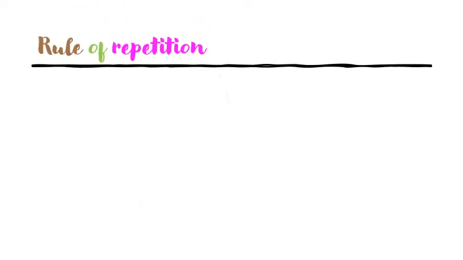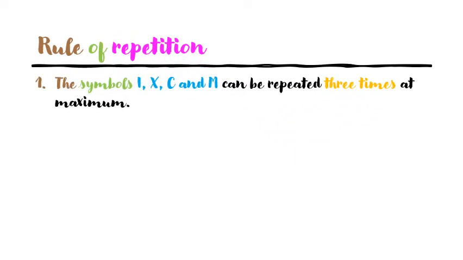Rule of repetition. Under this, the first rule is the symbols I, X, C and M can be repeated 3 times at maximum. It means I can be written as 1 time, 2 times, 3 times, but not 4 times.